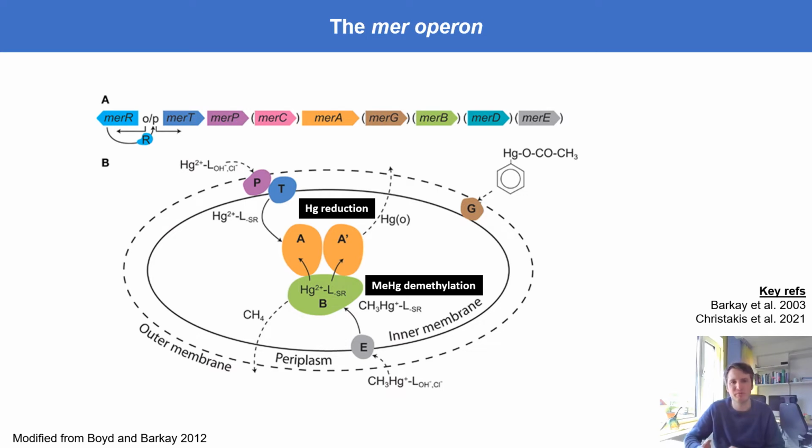Those genes were discovered long before hgc genes, and quite a lot of work has been done by Tamar Barkay and colleagues on these microbes able to do this process. It's much more interesting because those microbes use this operon to detoxify their environment from mercury and from methylmercury, which is quite toxic.